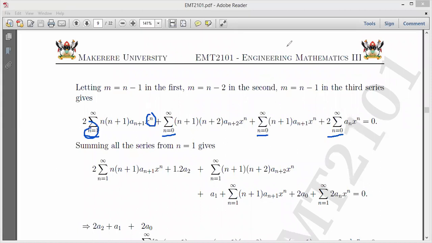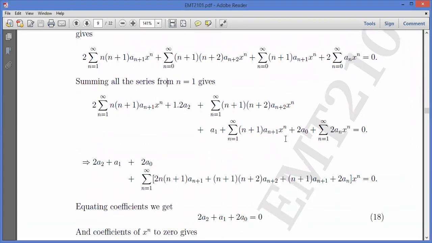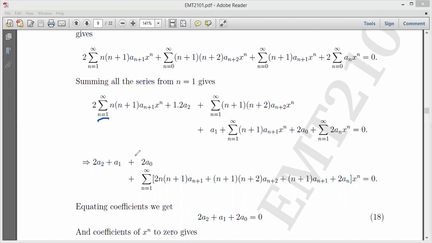And when you do that, you end up with what we have here now. So you can see this one is running from 1. All of these are now running from 1. You simply throw in n is equal to 0. If you throw in n is equal to 0, you can see this one, you've maintained it.